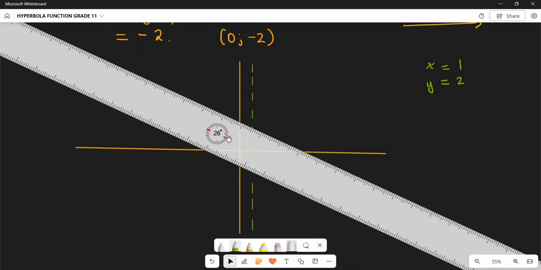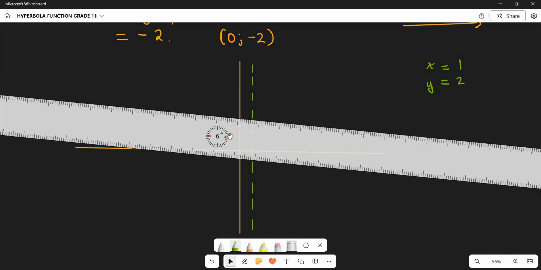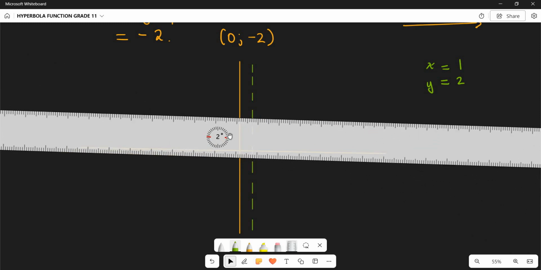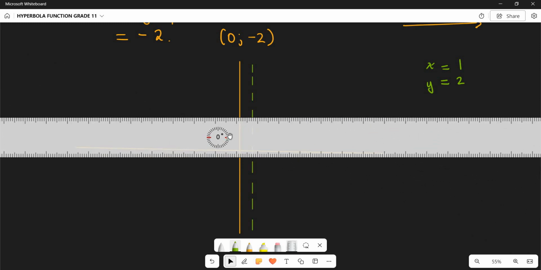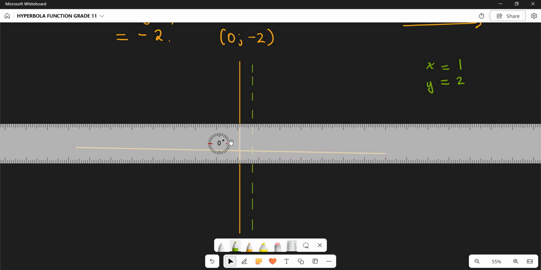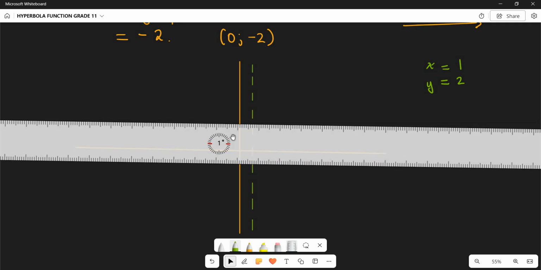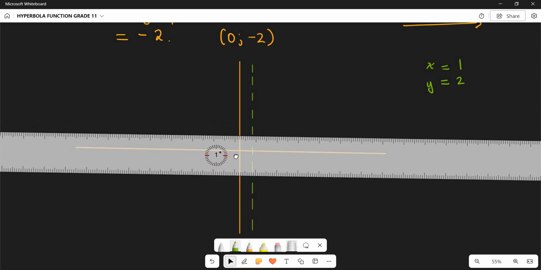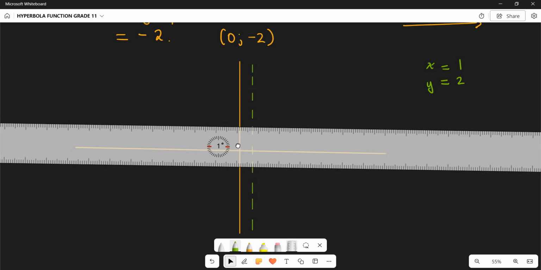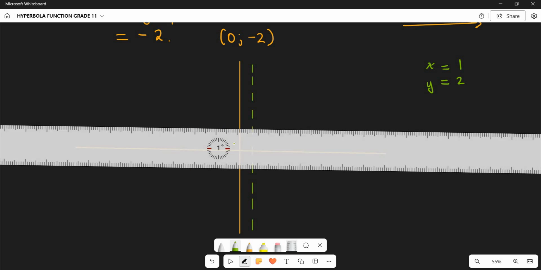Let's have it at 0 degrees, so that it aligns with my graph.